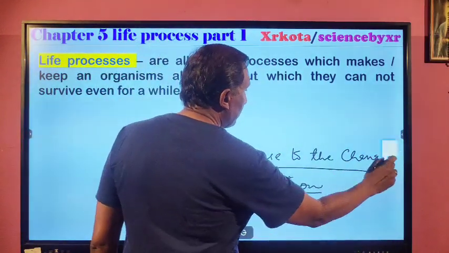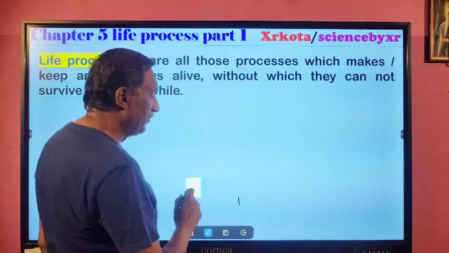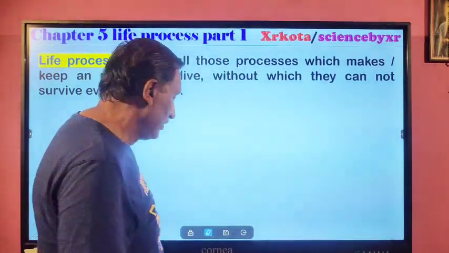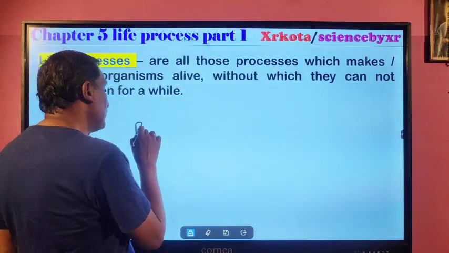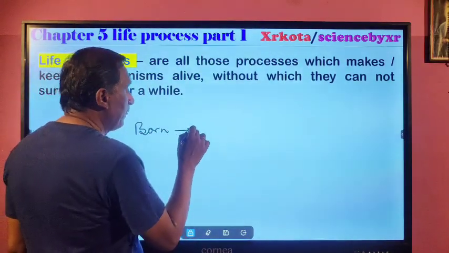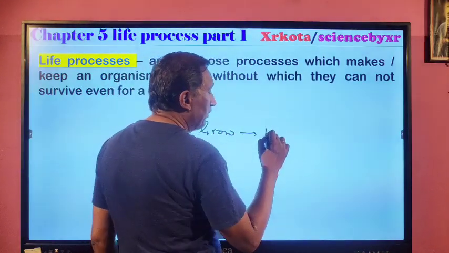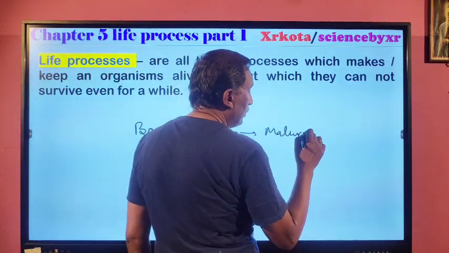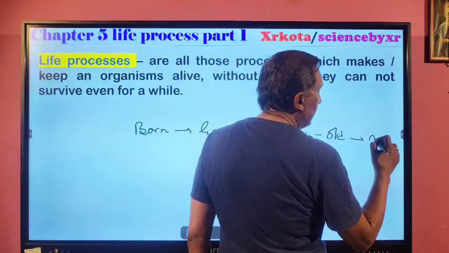Now what is meant by the life cycle we will study. So again it is an important property. Non-living things do not have a life cycle. Non-living things do not have life. All living beings are born someday, then they grow, then they become mature, they become old, and one fine day they die.